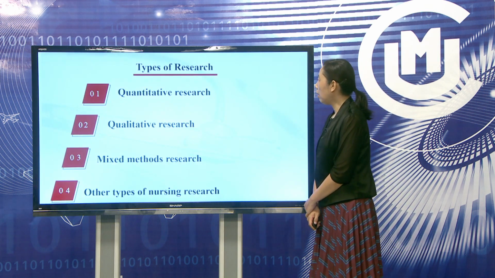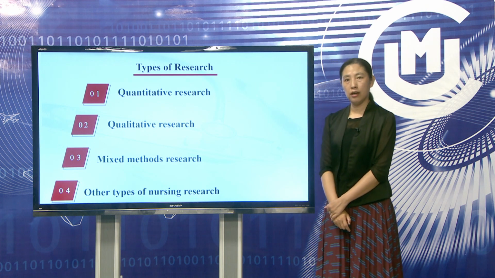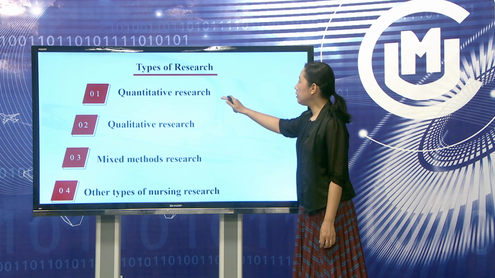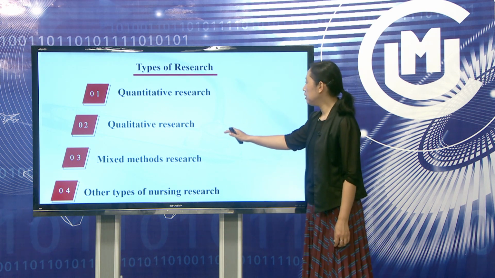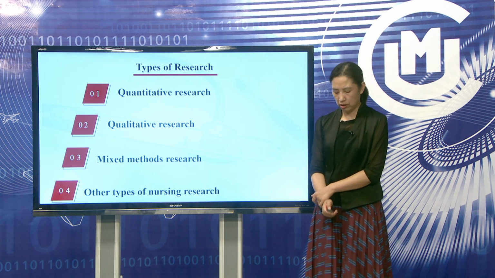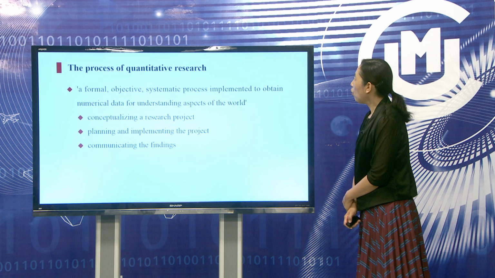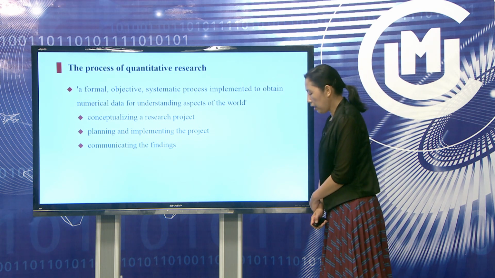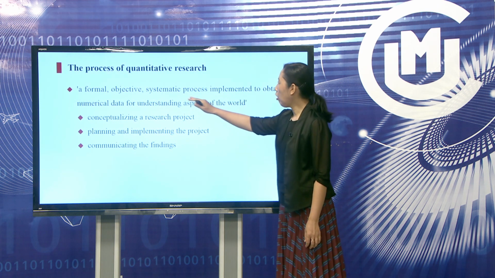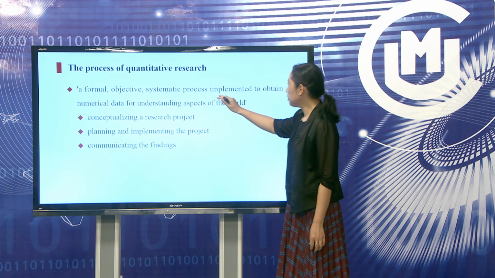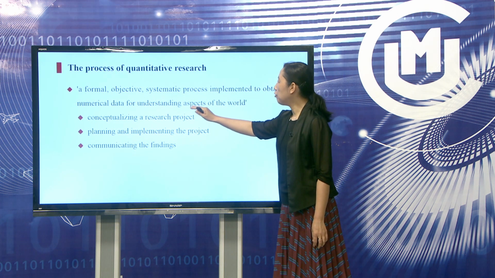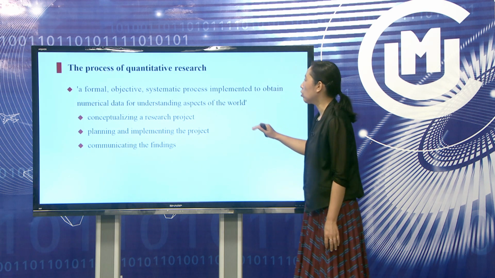So we talk about the types of research. Usually the types of research include quantitative research, qualitative research, mixed method research, and other types of nursing research. For quantitative research, we define it as a formal, objective, systematic process implemented to obtain numeric data for understanding aspects of the world.